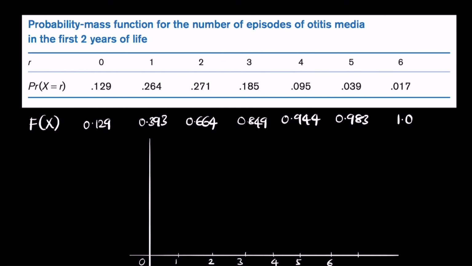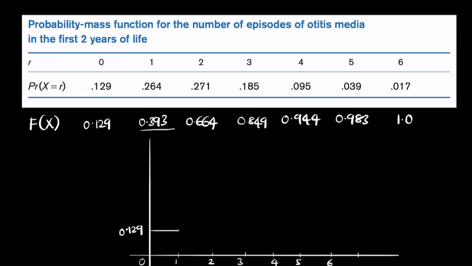And on this scale we are taking the probabilities. For example, we start at 0. Until number 1 comes there is nothing, and this is the point where, let's say, the value is 0.129.